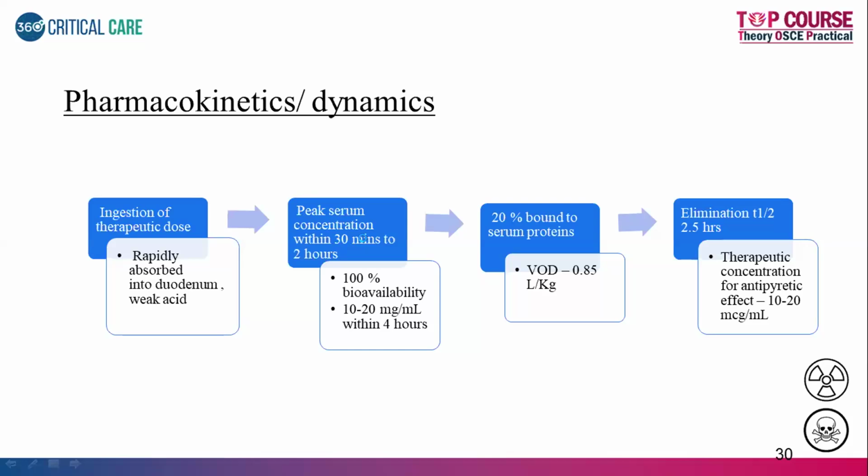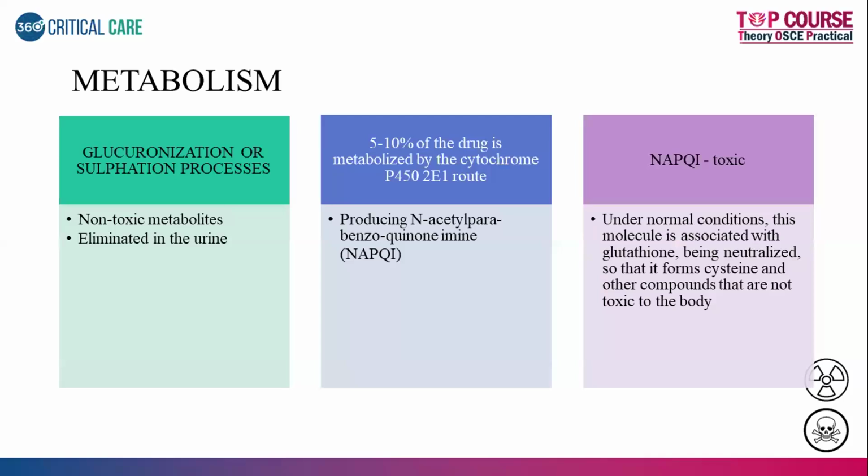Within 4 hours, the serum paracetamol concentration will be around 10 to 20 mcg per ml. It is around 20% protein bound, and the volume of distribution is around 0.85 liters per kg. The elimination half-life is around 2.5 hours. The therapeutic concentration for the antipyretic effect should usually be 10 to 20 mcg per ml. I'm so sorry, this is mcg here. So this is about the pharmacokinetics and pharmacodynamics of the drug.